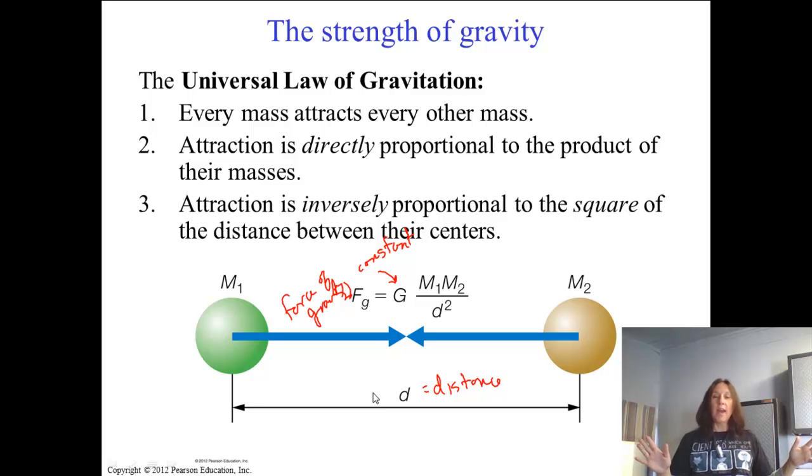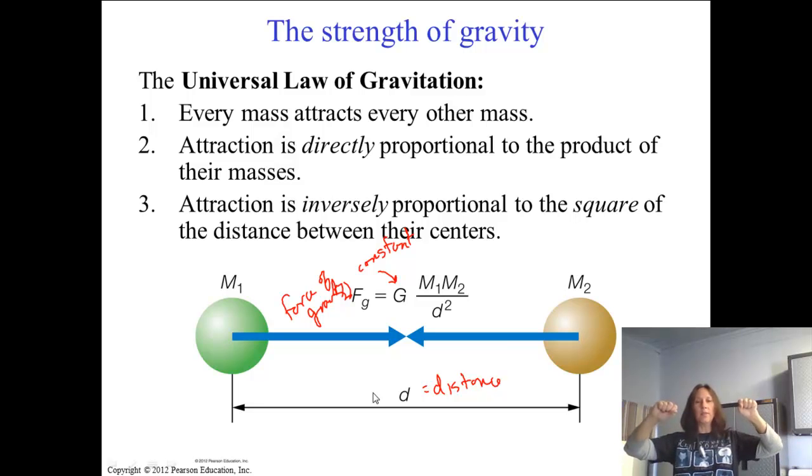If I were to ask you before I revealed this, what happens if we take the green and the gold and try to separate them? You would probably say, I bet the force will weaken, and it does. This says it will weaken according to the distance squared.